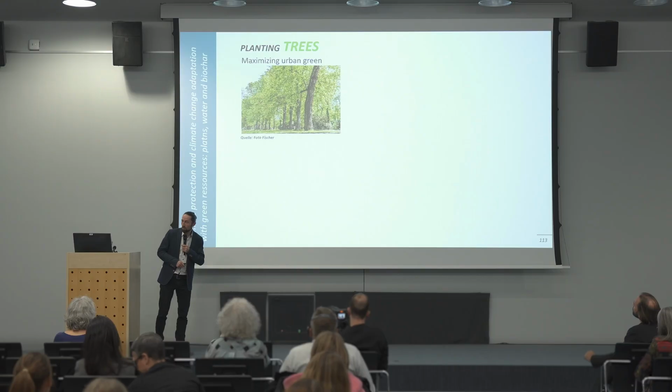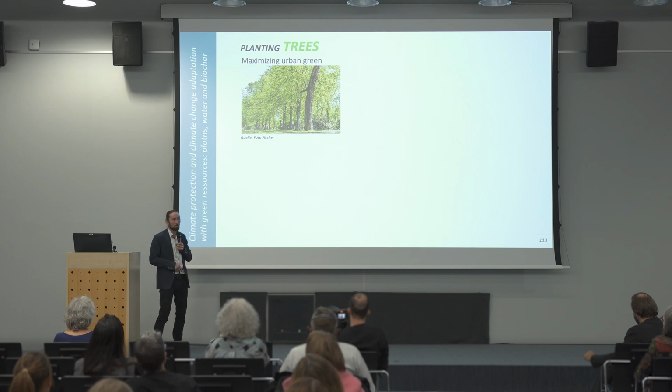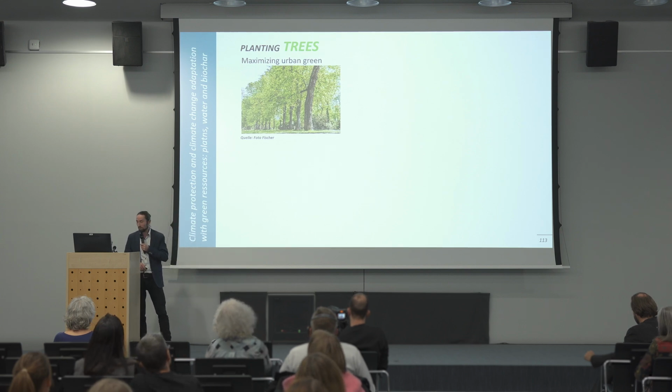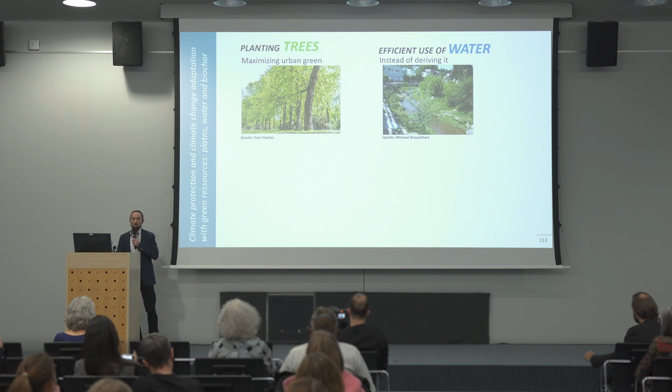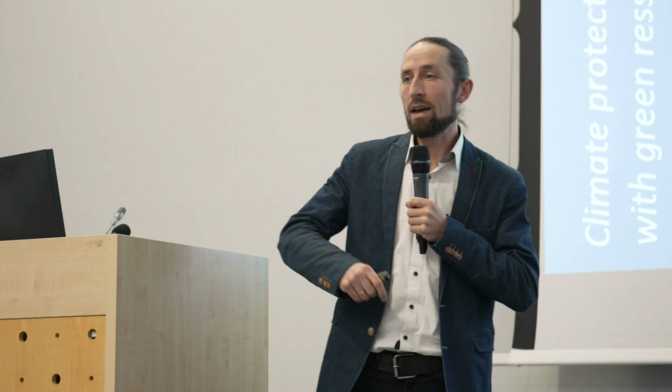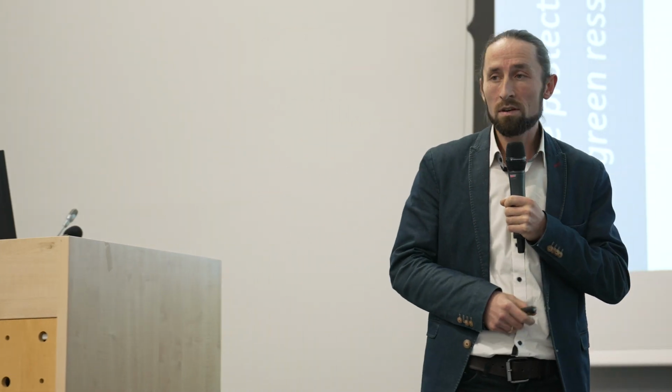Our strategic fields, the topics for our work, are, at first, as we heard often today, the trees, for sure. Then we have the topic of the efficient use of water in the meaning of the sponge city principle, which I will present later. Then also the topic of increasing biodiversity.